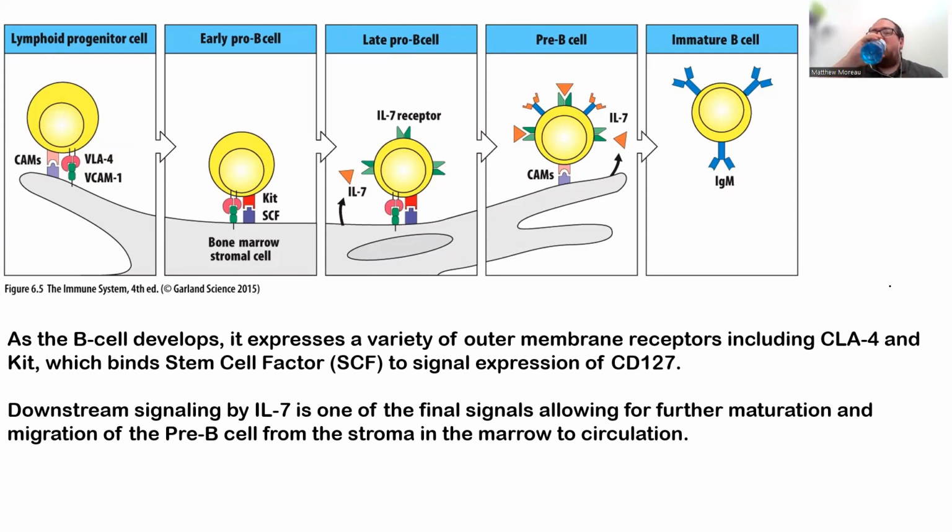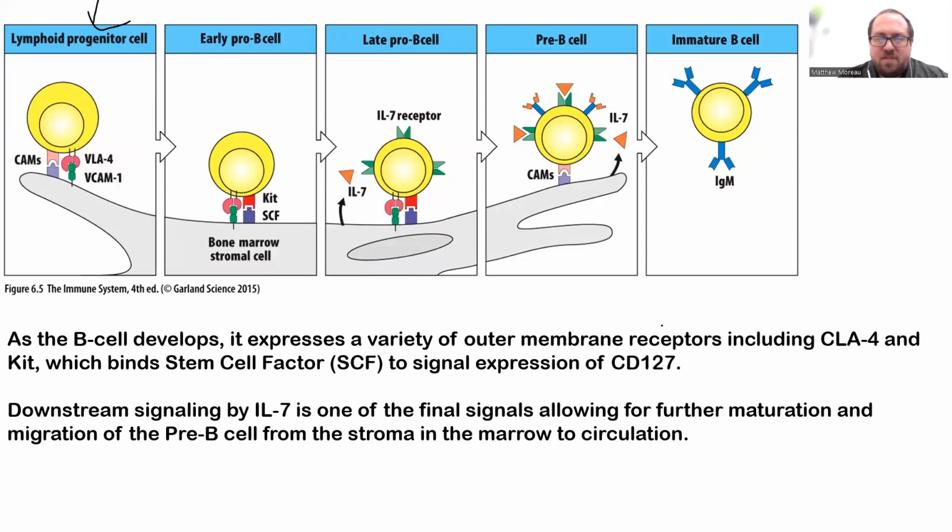All right, so as a B cell develops, it's going to express a wide variety of different receptors, especially as it progresses from lymphoid progenitor cell to immature B cell. And this is going to become important because as the cell develops in the bone marrow, it needs to have variable checkpoints in order to survive.